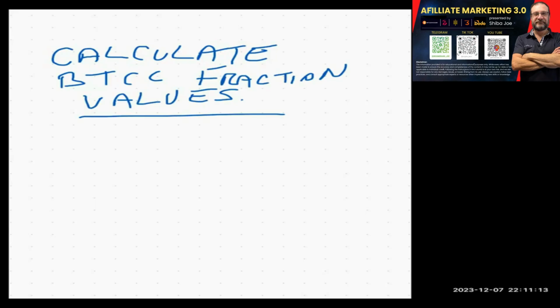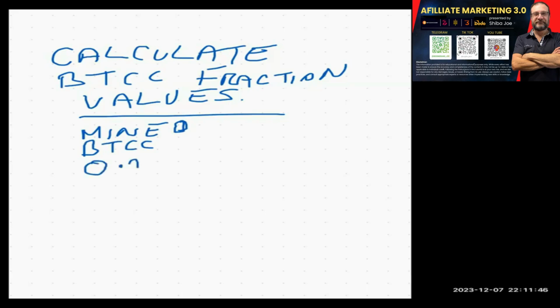So if you start with your mined BTCC, let's say you're either sending somebody or you've already mined a part of a BTCC. And let's say that is 0.25. So that's a quarter of a BTCC.